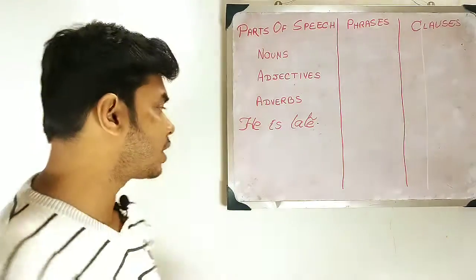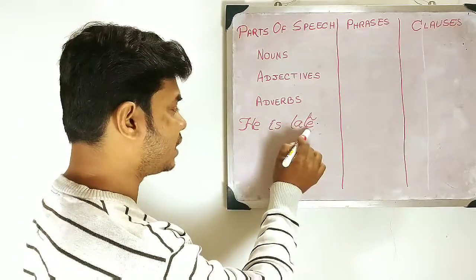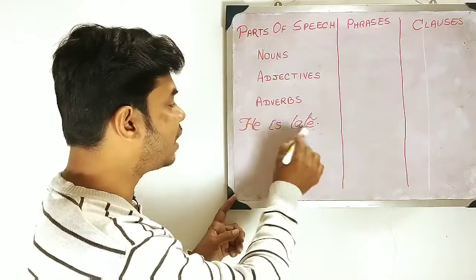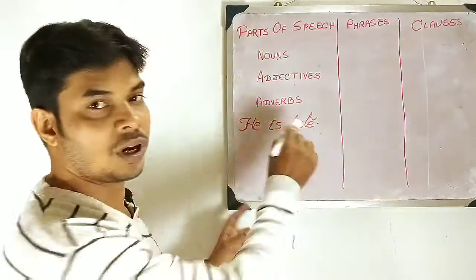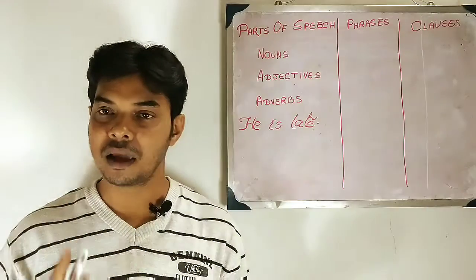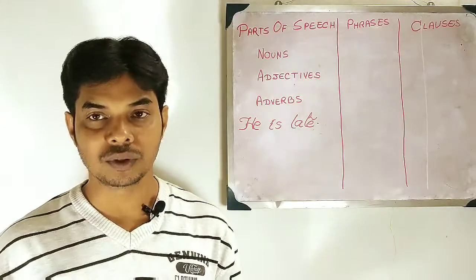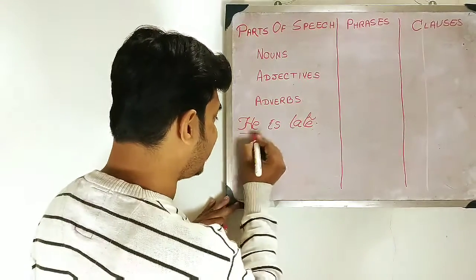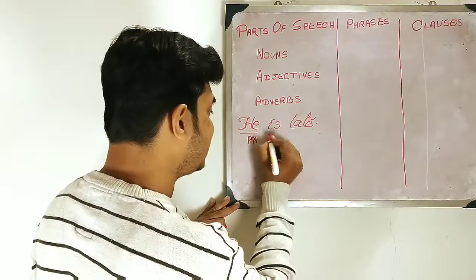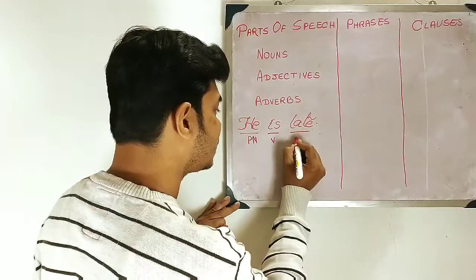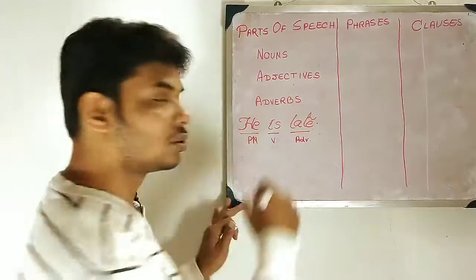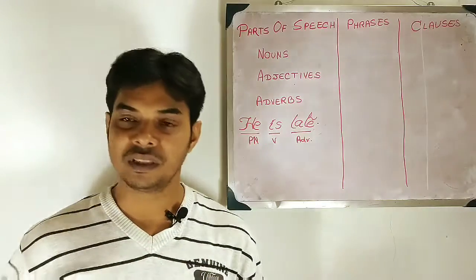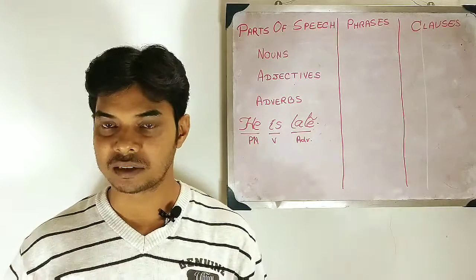In this sentence, what we have written here, "he is late", you'd find he, is, and late. These are three different parts of speech, and each and every word is used in this sentence as a unit, and we call them parts of speech. So he, that is a pronoun, is, that's a verb, and late, that is an adverb. So these are the three parts of speech that we have used here in building up a sentence.